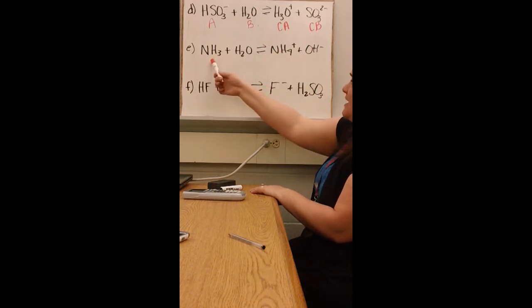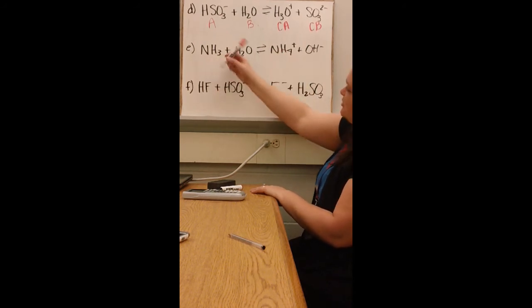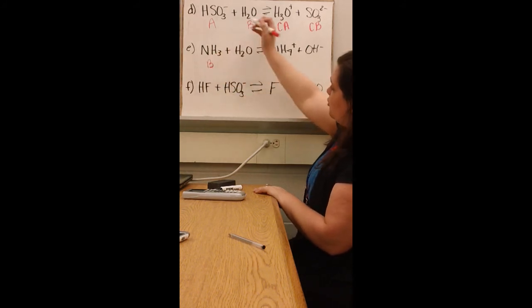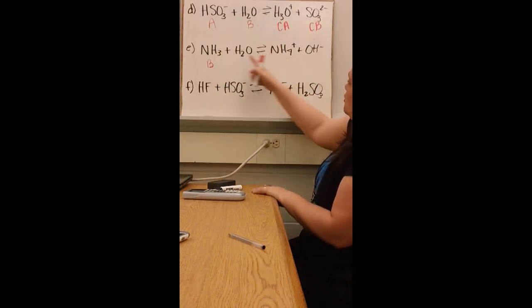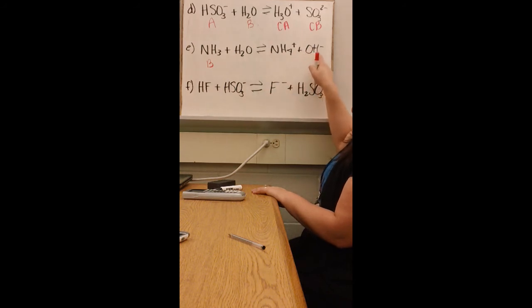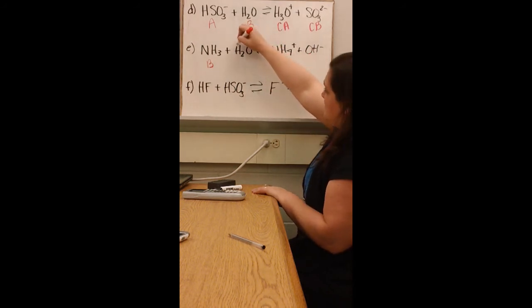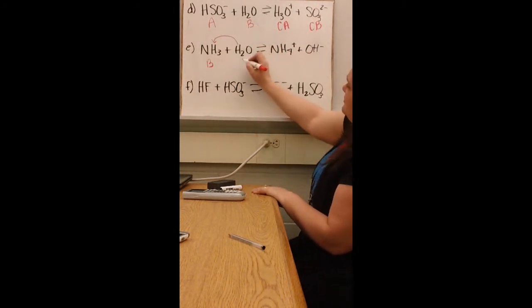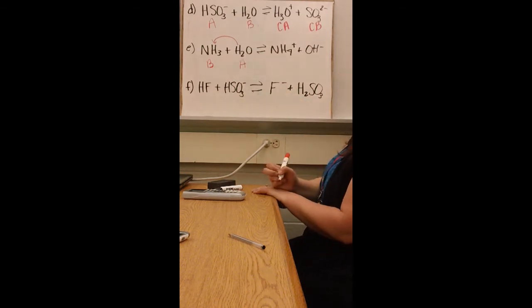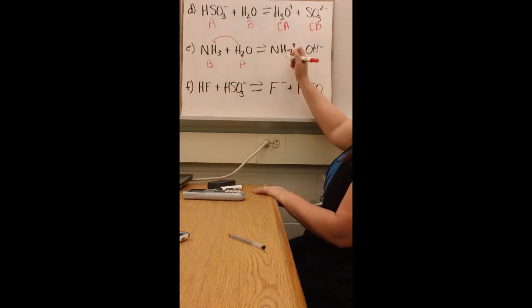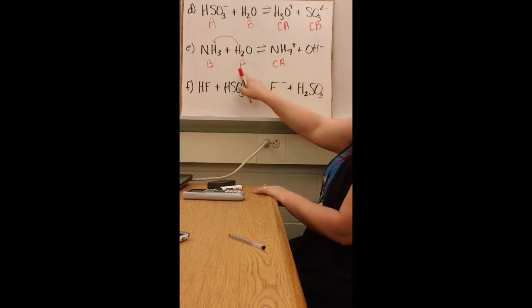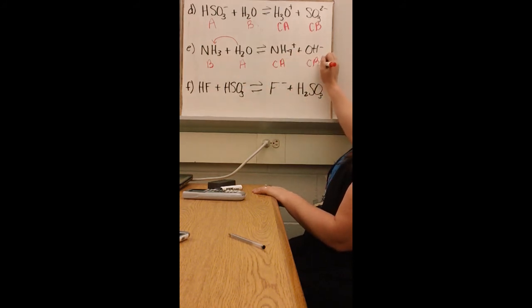So now this gained a hydrogen. So if it gains a hydrogen, it's the base. Where did it get the hydrogen from? Well, here you have H2O, over here you only have one H and O. So this time the water gave away the hydrogen. So it's the acid this time. So the base still becomes the conjugate acid, and the acid still becomes the conjugate base.